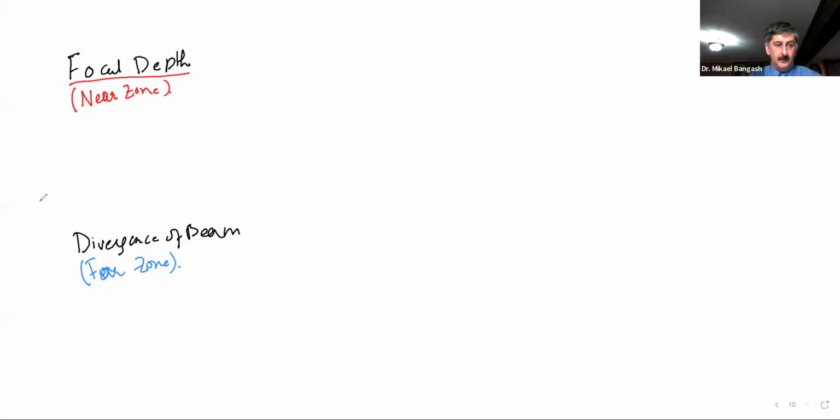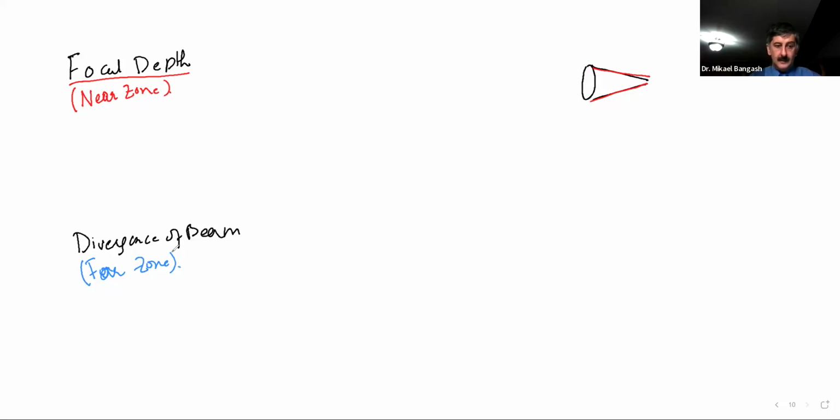Because if you look at a beam, let's do it this way. Say we have a PCT, we have a beam. This here was your near zone. How long or big your near zone is will determine the focal depth, the length at which the beam will focus.